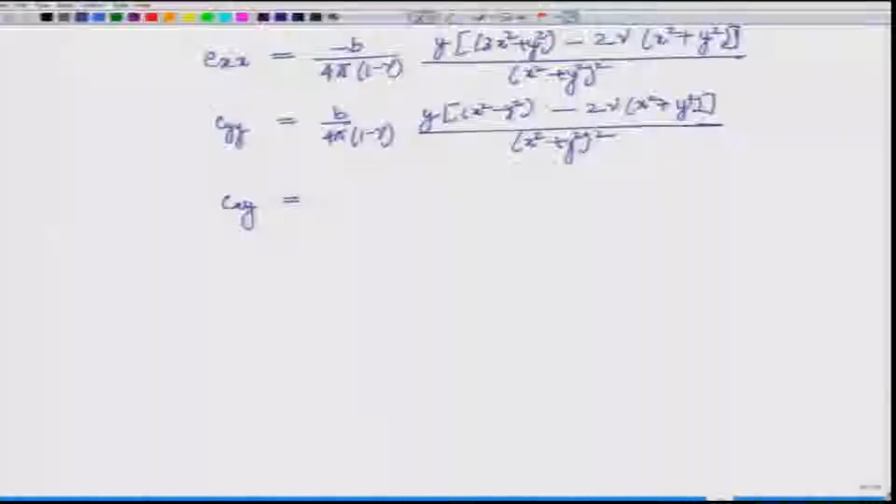So, E x y equal to E y x is equal to b by 4 pi (1 minus nu).